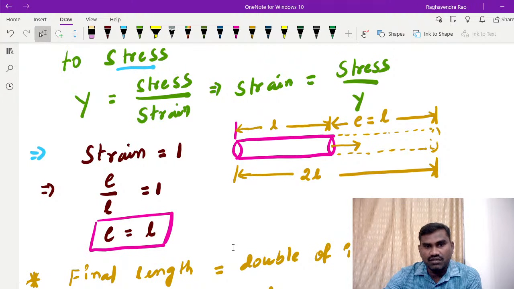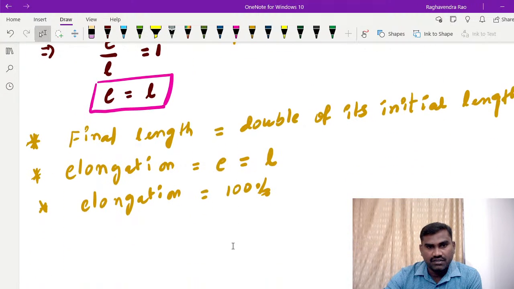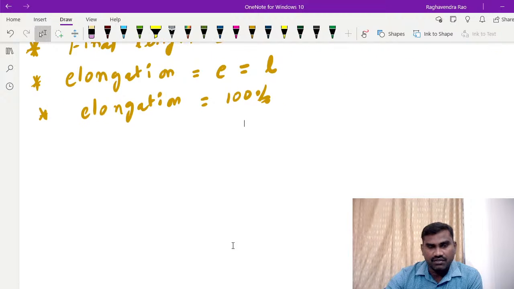Young's modulus is equal to stress applied. These are the points we need to remember.